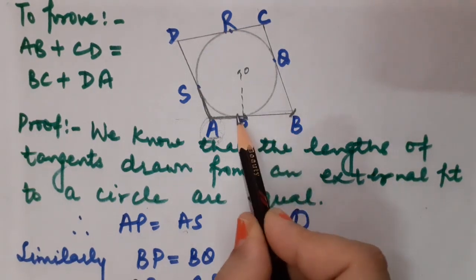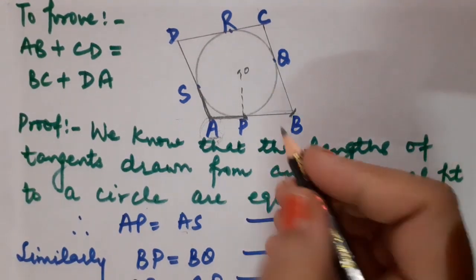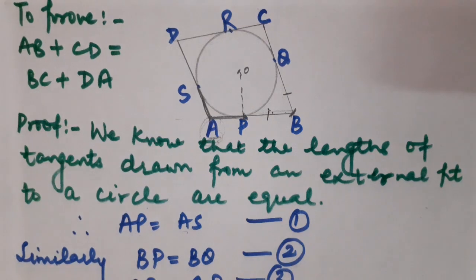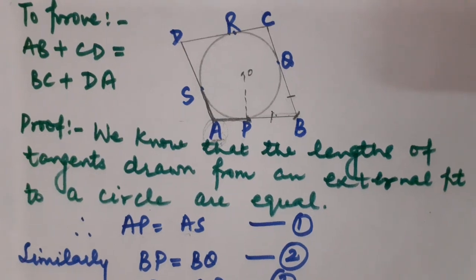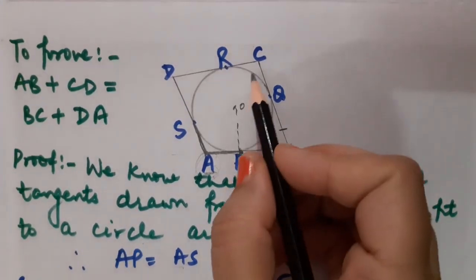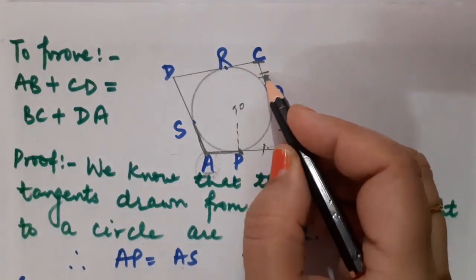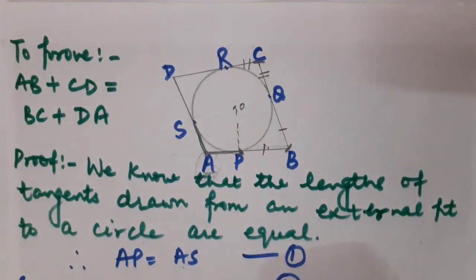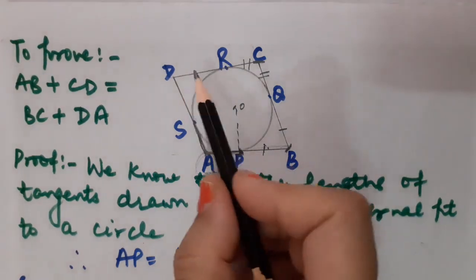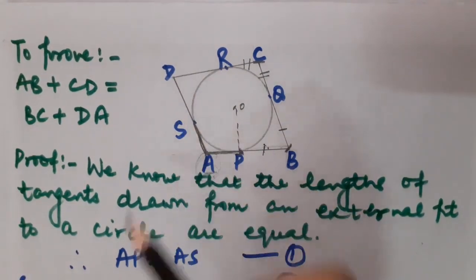Correct. They are BP and BQ. And BP must be equal to BQ. Why? Because the lengths of tangents are equal when drawn from the same external point to the same circle. In the same manner, if I talk about external point C, then CQ must be equal to CR. Fine. In the same manner, DR must be equal to DS.